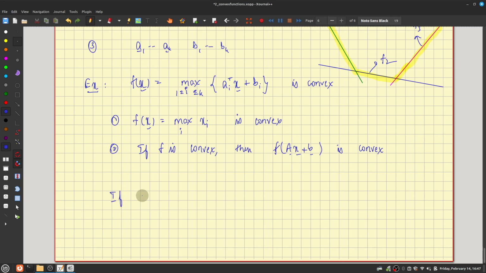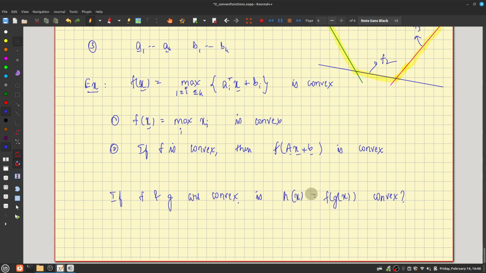So the question is, if f and g are both convex, is h of x defined to be f of g of x convex? Now you can think of this more generally.